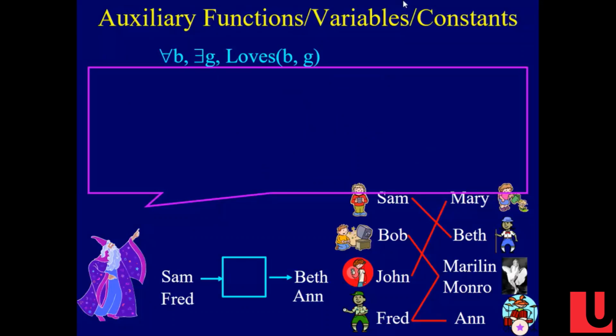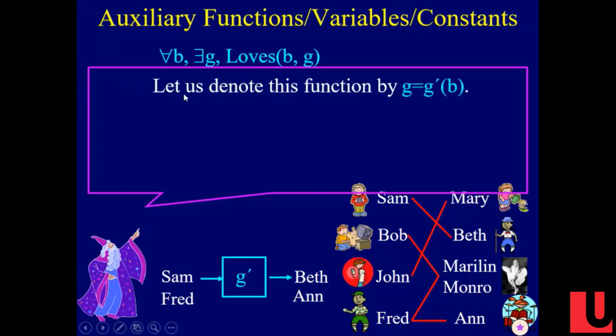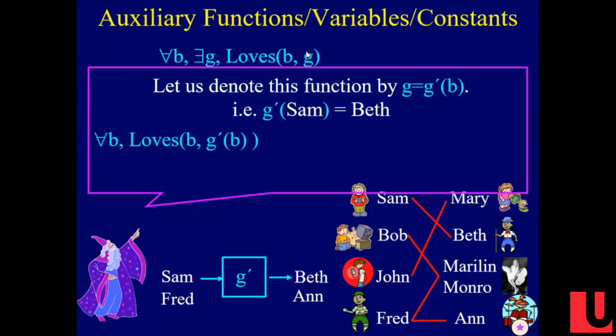So I'm trying to stick in these auxiliary functions. And what do these auxiliary functions do? It's a function from the boy to the girl. I claim that this says the same thing as up here. It's saying for every move that the first guy goes, for every boy, here's the girl that he loves.